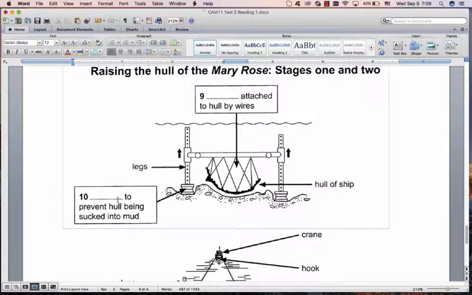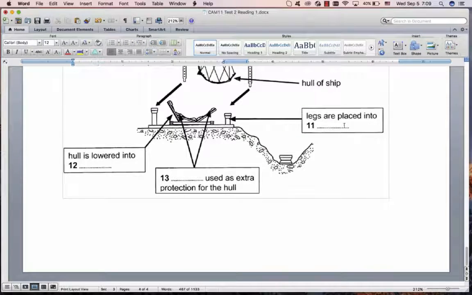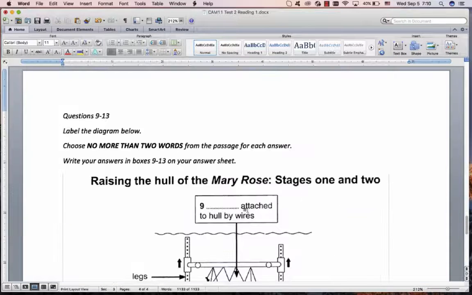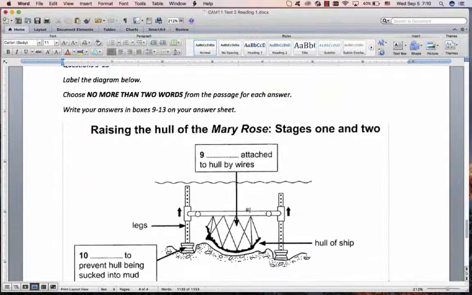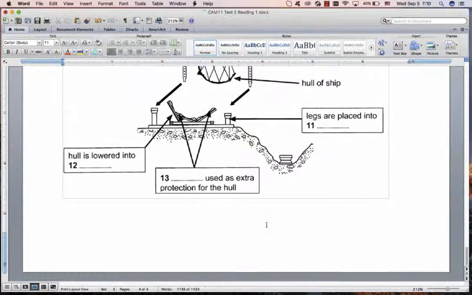Unfortunately over here, we don't actually get any help from the grammar. And the reason for that is that it's important to note in diagrams, very often when they have a passive, this should be was attached or were attached. And this one should be was used or were used or is used or are used.